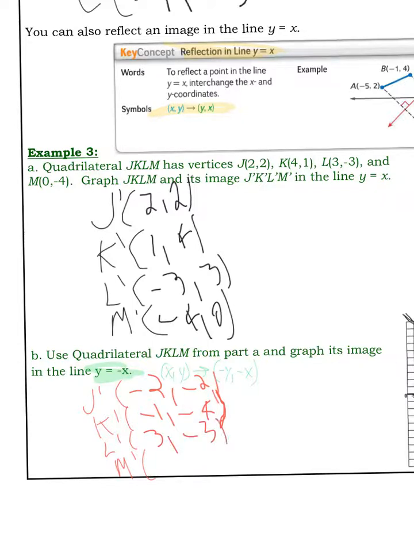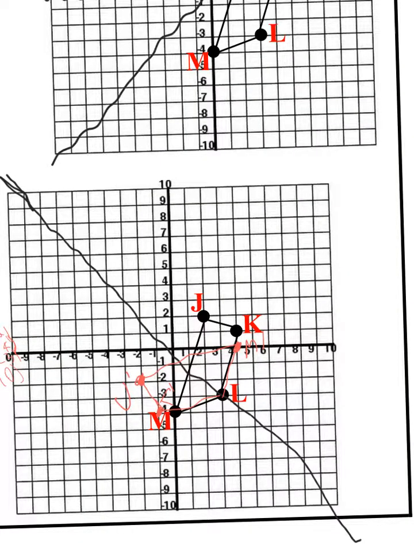Oh, so L prime is in the same spot. And then M prime is going to be at (4, 0). Then I'll just graph it to the right. As you can see, L did follow my poorly drawn line of reflection, so when graphing it, I didn't need to graph a new point. And so when I reflect across the line y equals -x, it ends up looking like that.